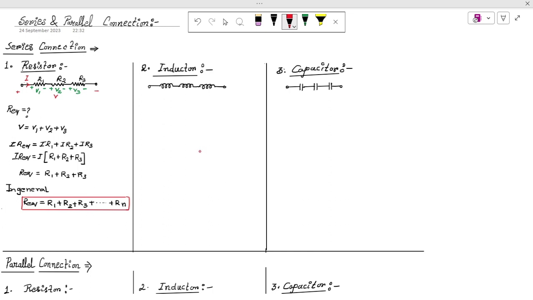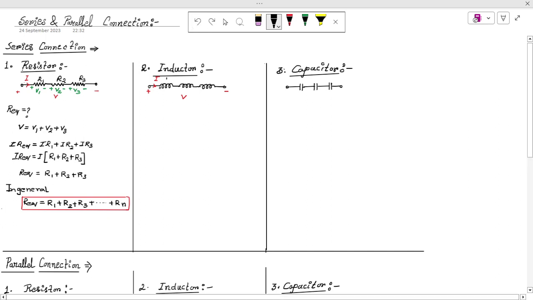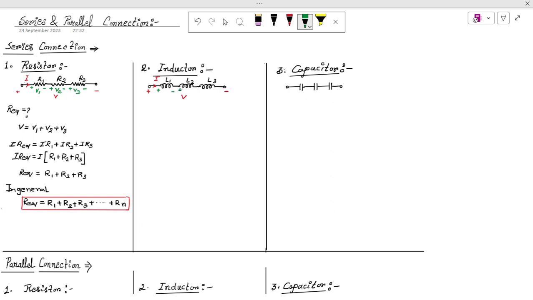Next is the inductor. Here also we consider the current is the same common current I, and this is the applied voltage V, and these are the inductors: this is L1, this is L2, this is L3, and here are the drops, plus minus, plus minus, plus minus.